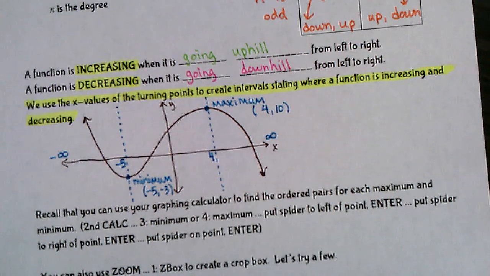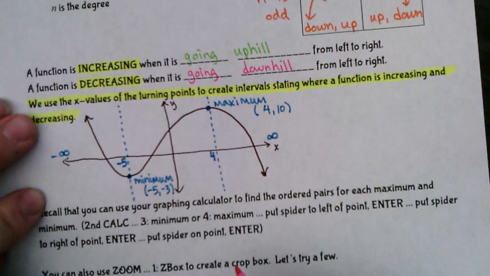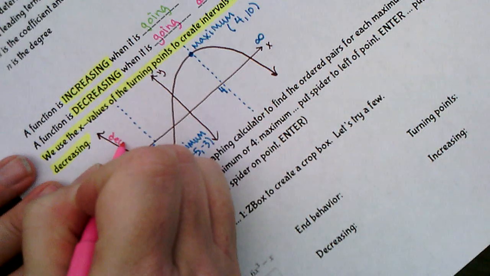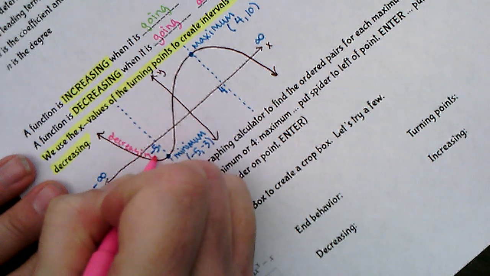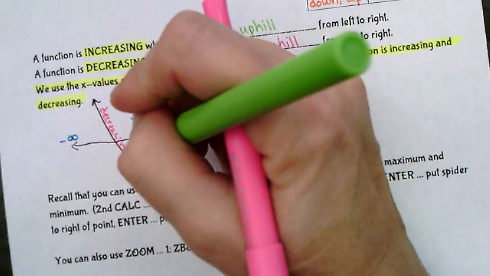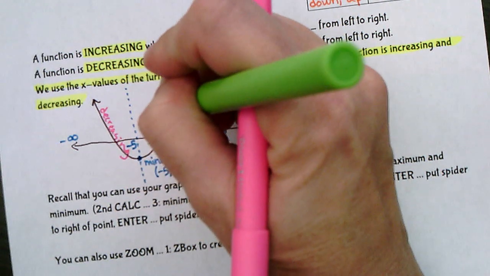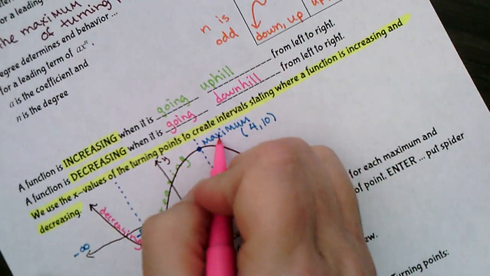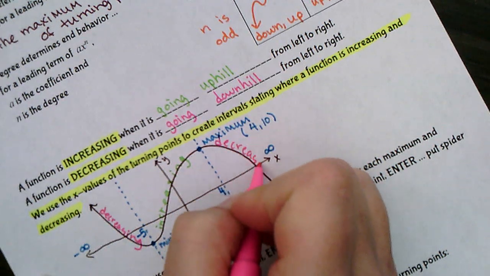So we can think of these in terms of increasing and decreasing. I'm going to label this part decreasing. And then I have a section where I am increasing all the way up to here. And then we are decreasing again.